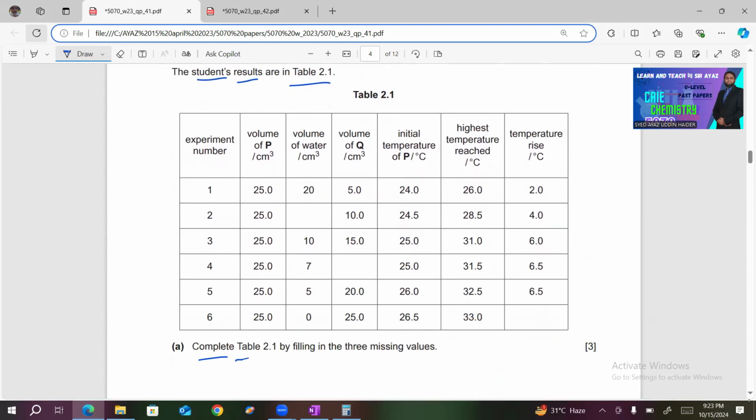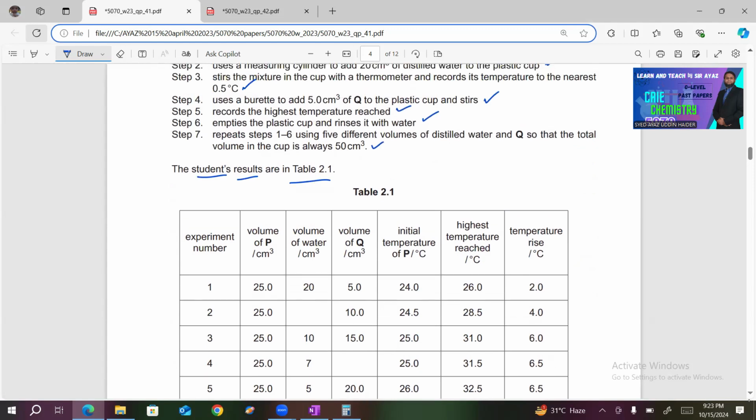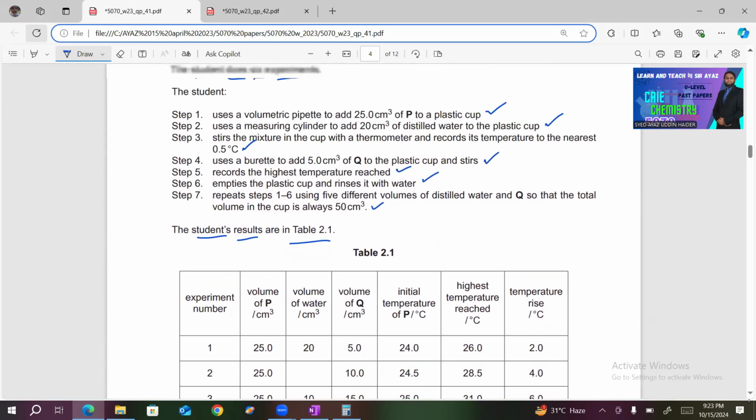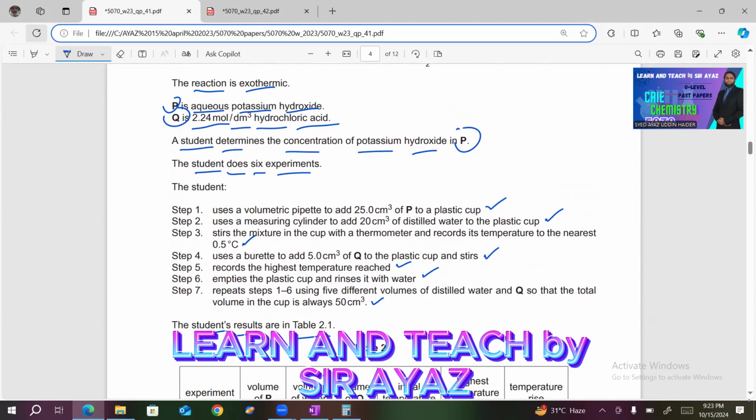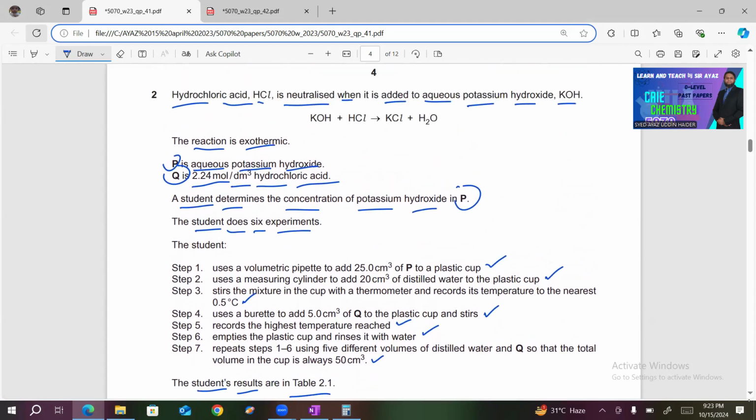A. Complete table 2.1 by filling in the 3 missing values. Now every time we are having total volume of 50 centimeter cube. They have mentioned the total volume of the liquid should be 50.